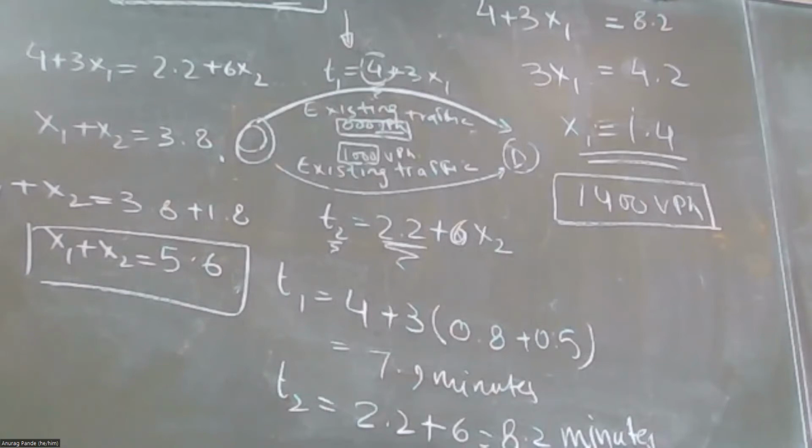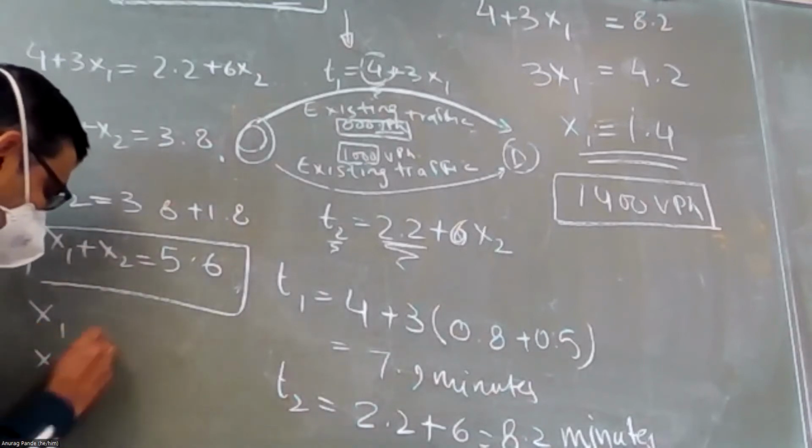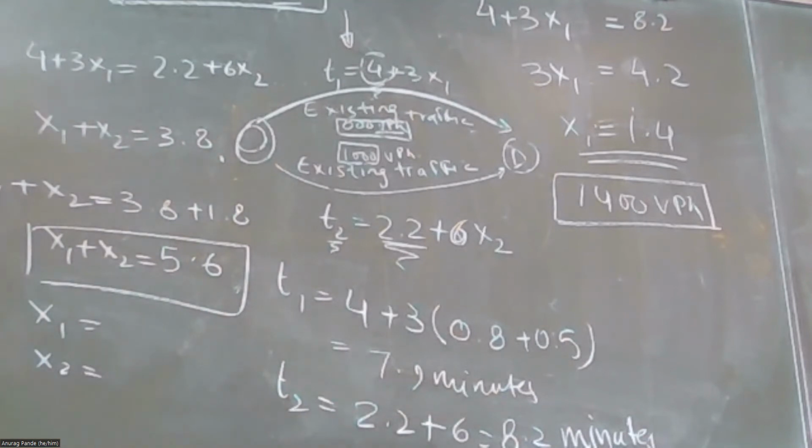Does anybody have the answer for x1 and x2? Anybody have the numbers? So why would you add 3.8 and 1.8 again?